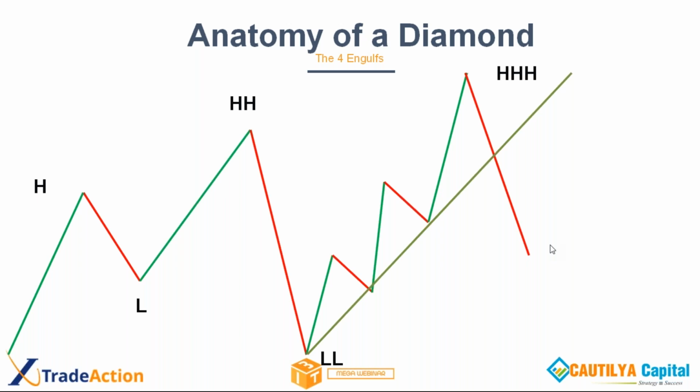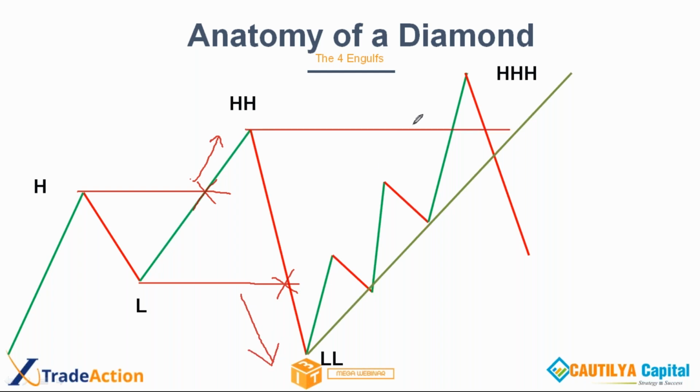Now, when that happens, at one point of time, the price can come and break the trend line. Once the trend line is broken, now what happened? There are four engulfs. Which is the first engulf? Let's recollect. This is the first engulf: high is broken. This is the second engulf: low is broken. This is the third engulf: higher high is broken. And this is the fourth engulf, which means the trend line is broken.